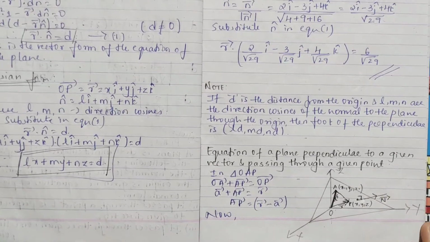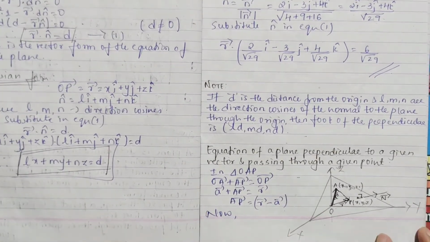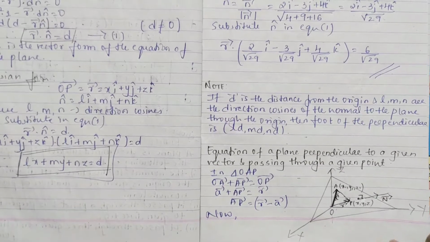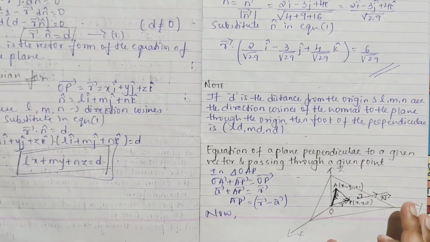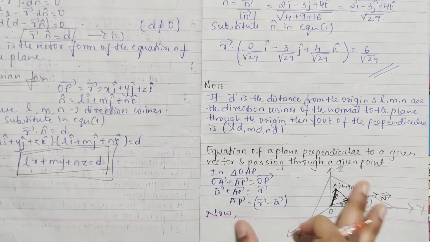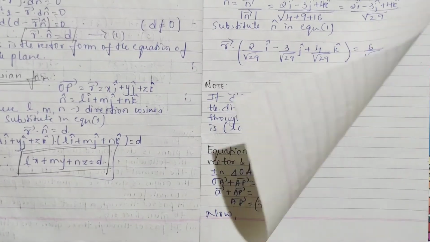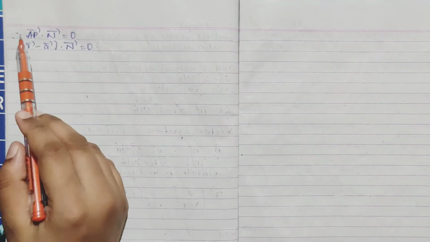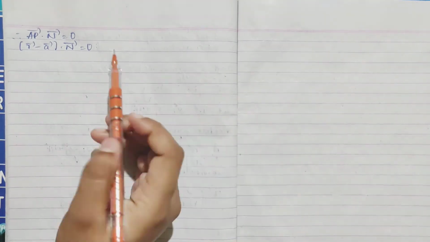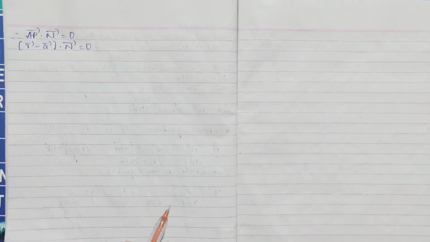You should note this down on the next page. Understand whatever I am telling, because later I'll give you what you have to write in the textbook. Now I have taken AP vector dot n vector is equal to 0. Why? Because as I said, the normal is perpendicular to AP.